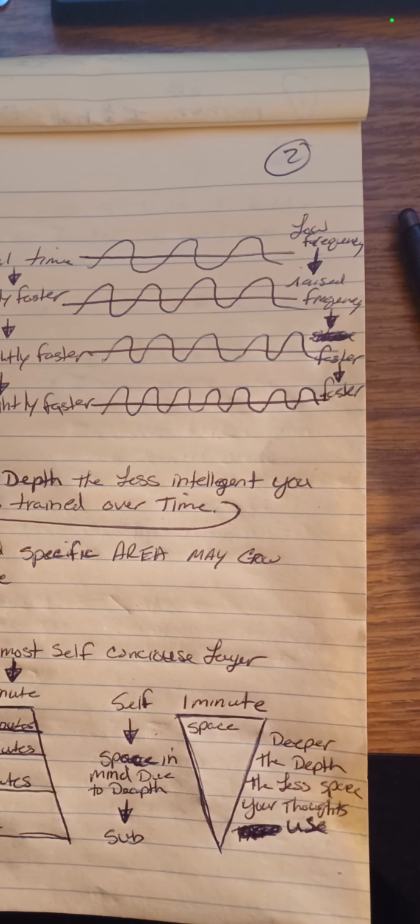Now, this is the space relation. The deeper you go in your mind, from your self-conscious to your subconscious, the less space you take up. You're actually using less space as you go deeper in your mind as well. So now you're gaining time, and you're using less space of your mind.